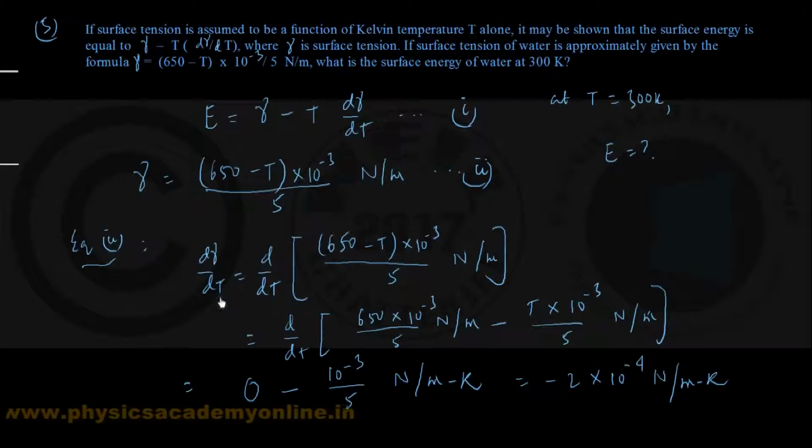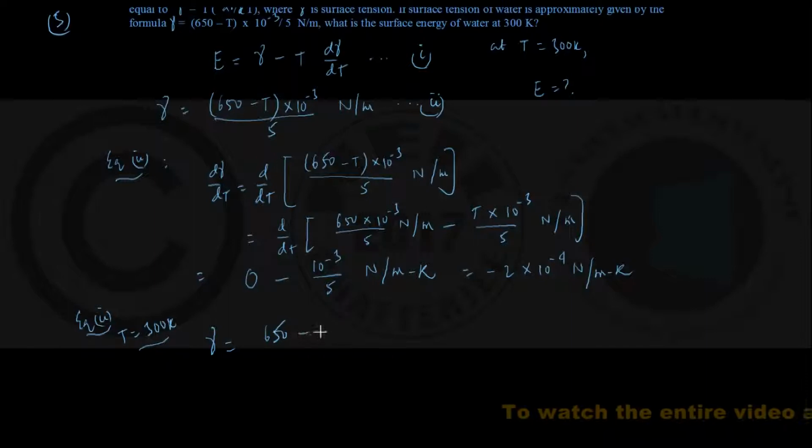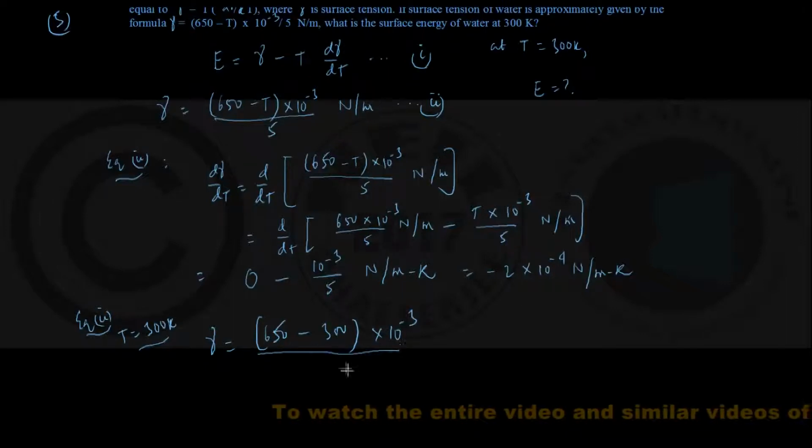Now that was for d gamma dt. Let us now go to find out the value of this gamma, surface tension of water at temperature of 300 Kelvin. So using equation number 2 once again, we can write down that at temperature of 300 Kelvin, the surface tension of water is (650 minus, I put T is equal to 300) into 10 to the power minus 3 divided by 5 Newton per meter.